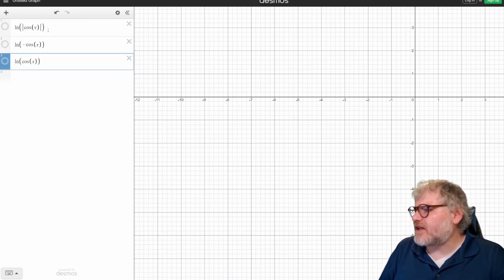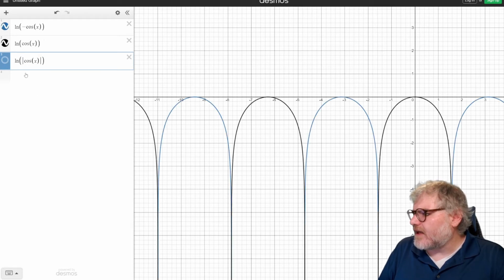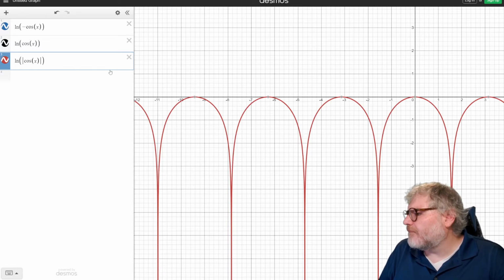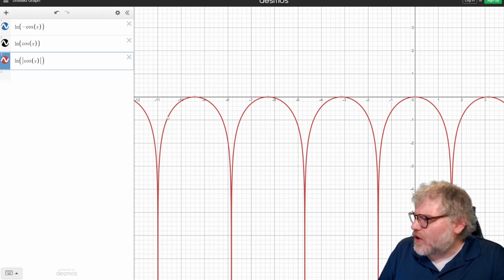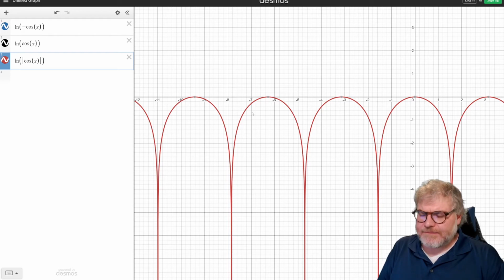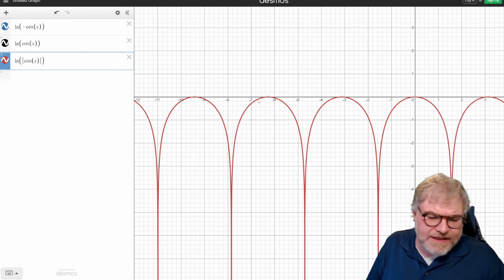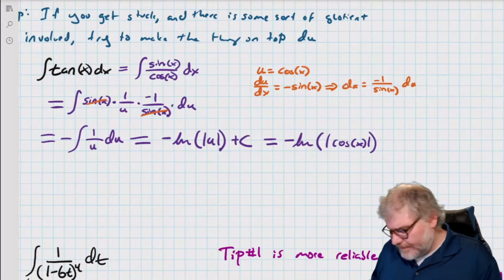I actually need both of these pieces to get the whole thing, right? So when I take the derivative, I'm going to have a place where cosine is negative, and a place where cosine is positive. So that requires a little bit of being tricky.